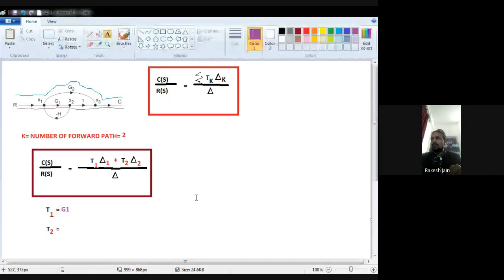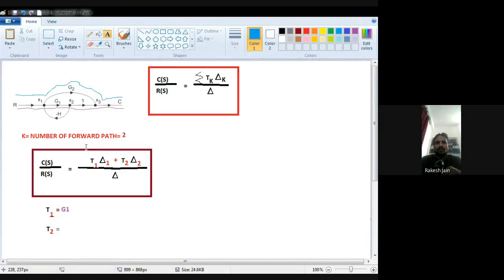Now we have to write down the second forward path gain. What is my second forward path gain? With this light blue color I mark it in the graphical representation. I start from the input R, reach the x1 node, nothing is written for that branch, so the gain is 1.